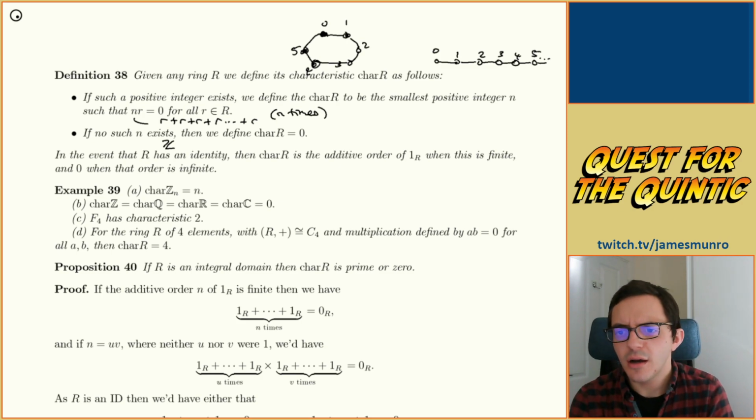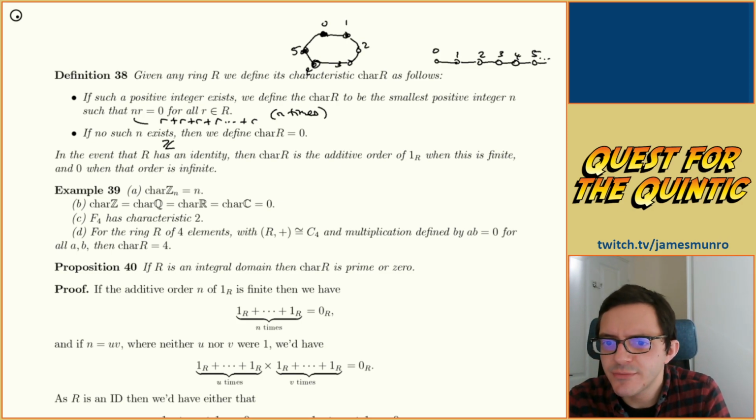I'm trying to understand this where it says for all r. Is it okay to just check the identity? I want to just check what happens with 1. Let's see.